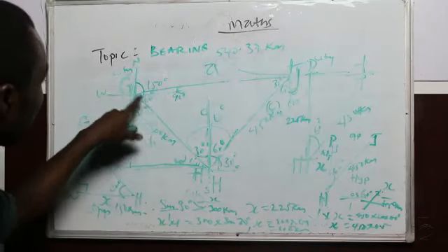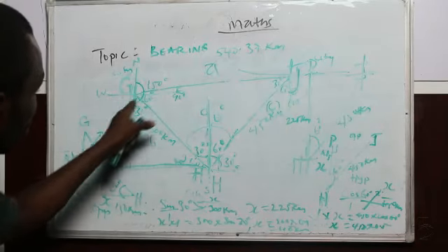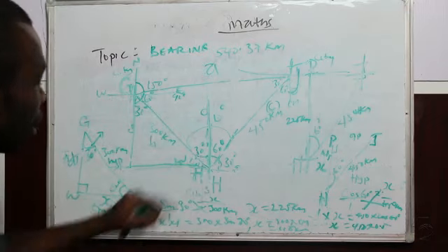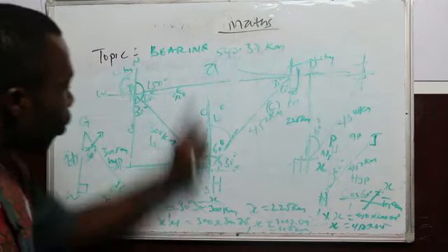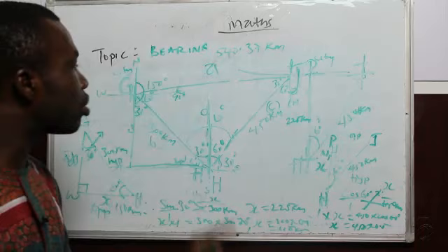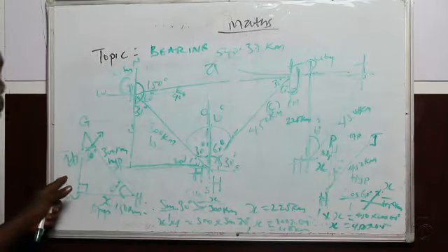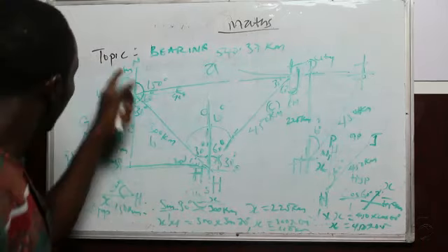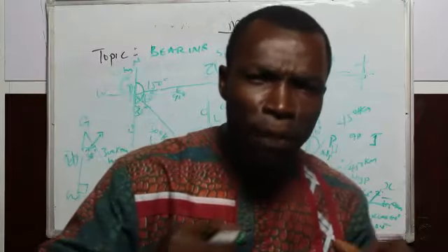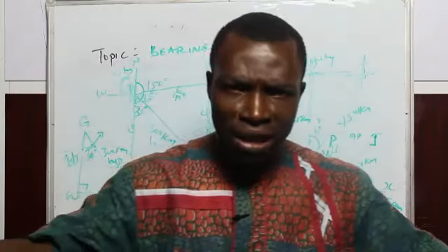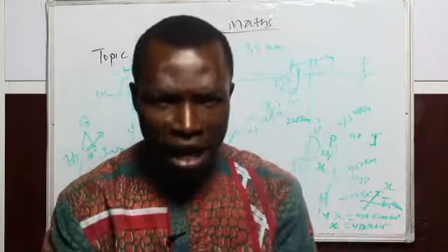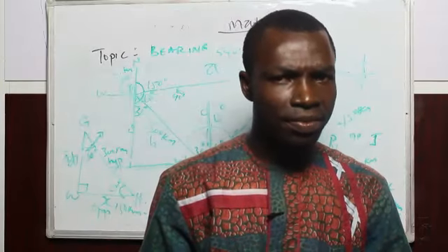The angle that is calibrated was 150. We use the alternate angle to find this angle here. We find the northward of city H to J. We find the westward of city H to G. So we were able to find the four cardinal points. We were able to define bearing from these questions.